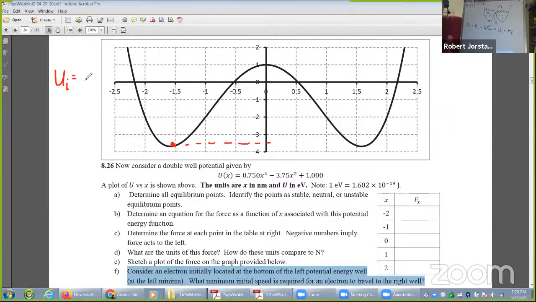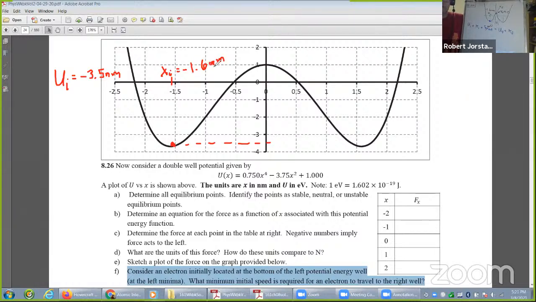Negative 3.5. We're starting at that point on the graph. Our x position, x initial, equals negative 1.6 nanometers. Is everybody okay with what x is and what U is initially and why?